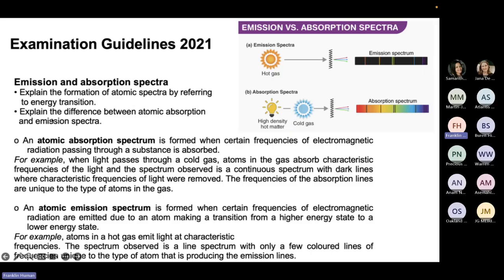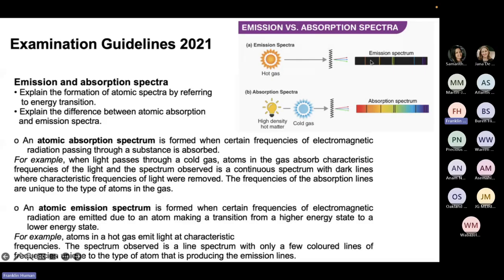And then explain the difference between atomic absorption and emission spectra. Now, on the right of the slide, you can see these line spectra indicated in this area over here and this area over here. The first one, A, is an emission spectrum, and the second one, B, is an absorption spectrum. And I will explain what the meaning of each of these is.